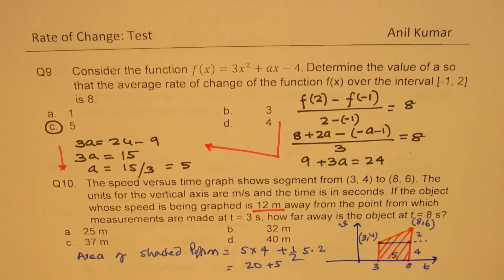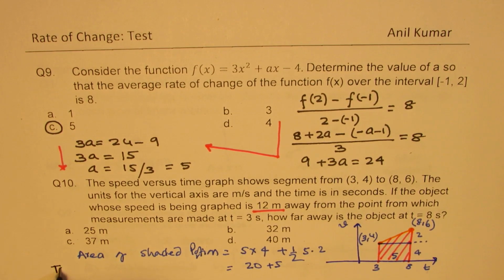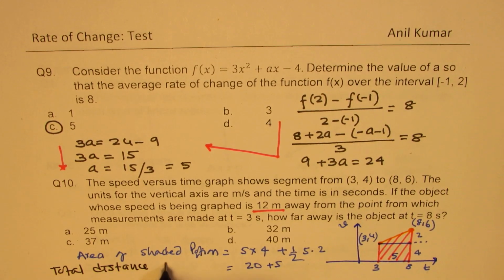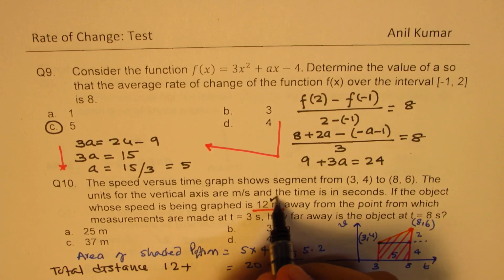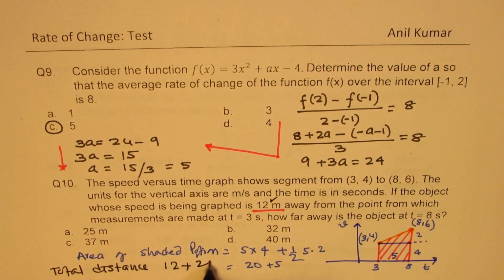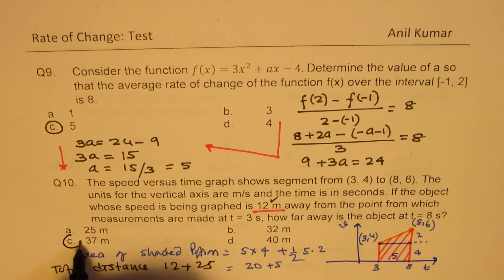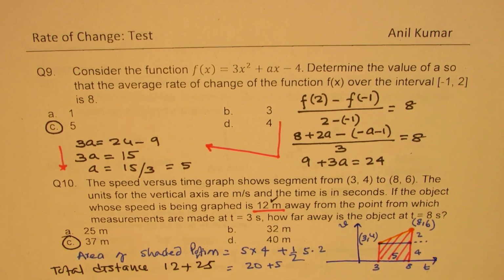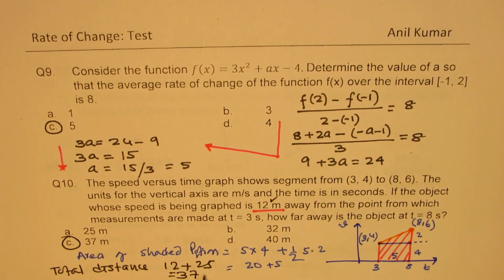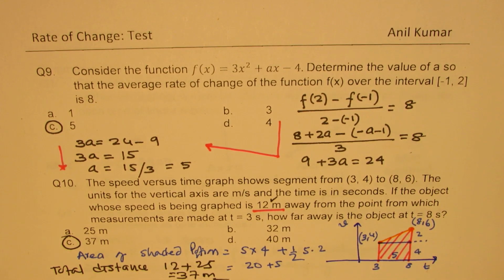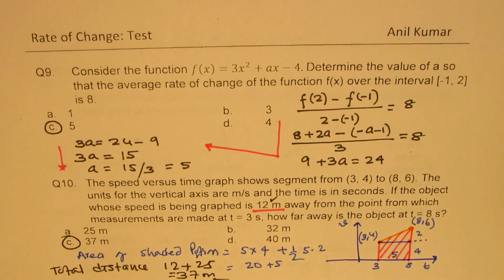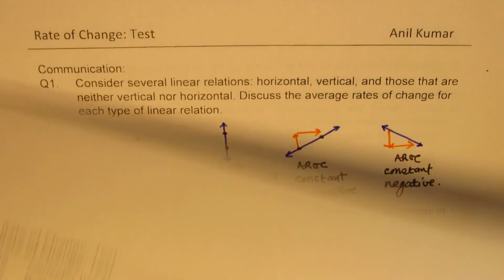So total distance is 12, already traveled, plus 25, which is 37. Okay, so option C, which is 37. Is that clear to you? So this is a very tricky question. I would like you to really go through this question once again, try to understand, and then solve it, correct?